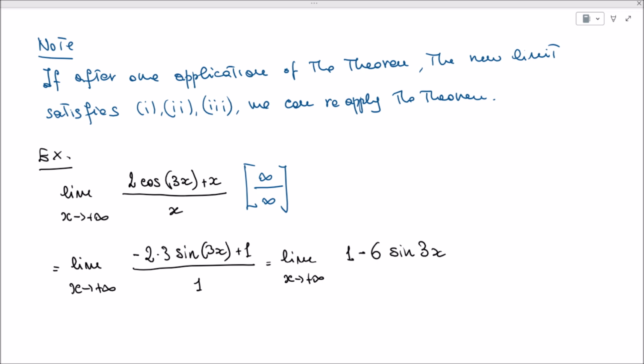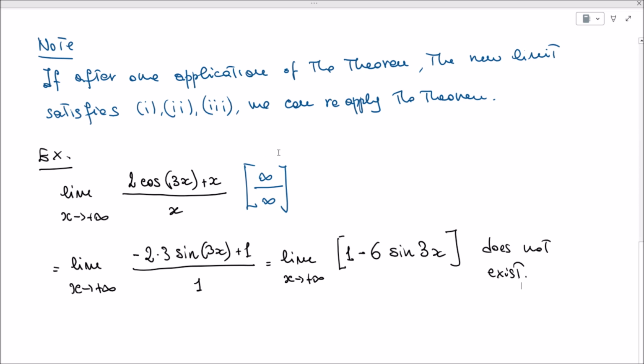And well, this limit does not exist, because we immediately see that we have the sine of 3x, which we have already proved has no limit.